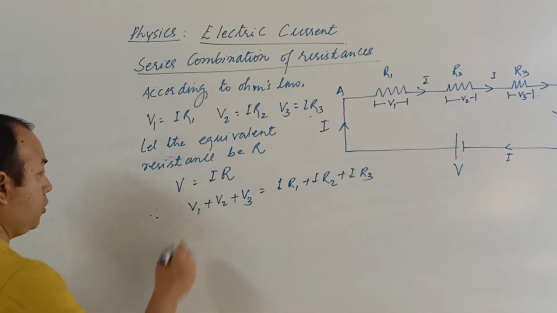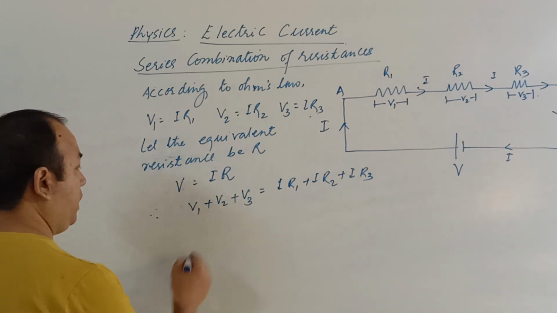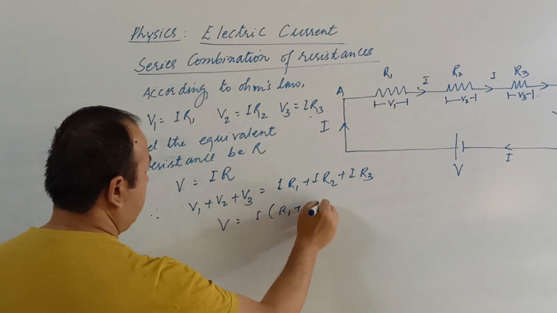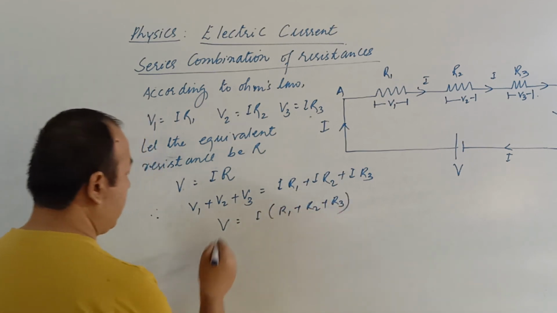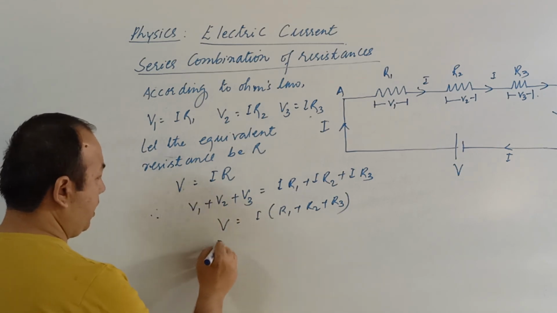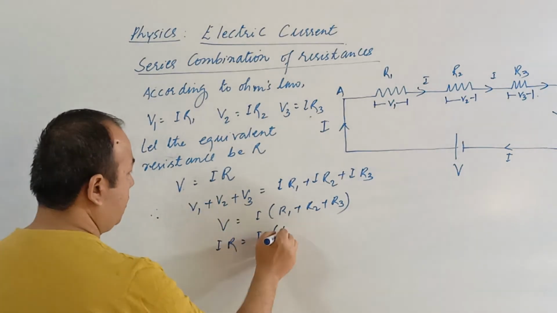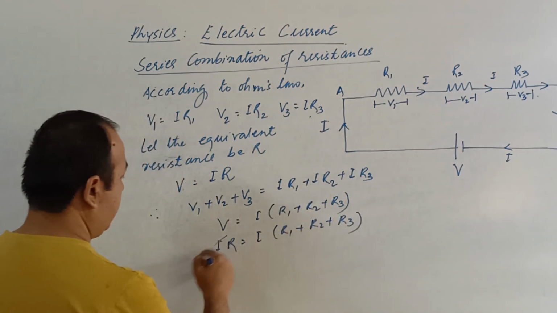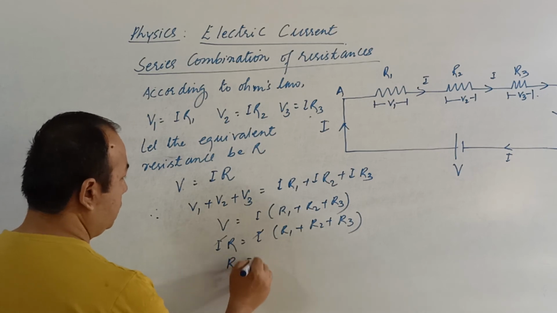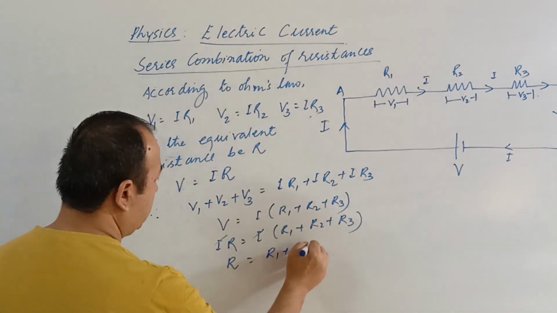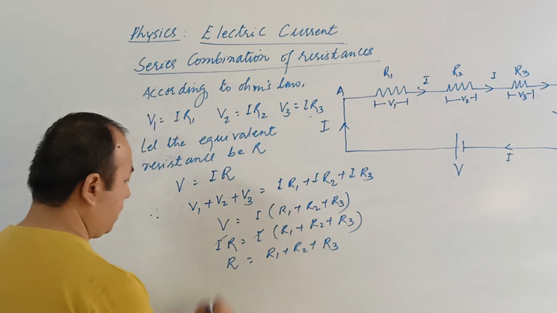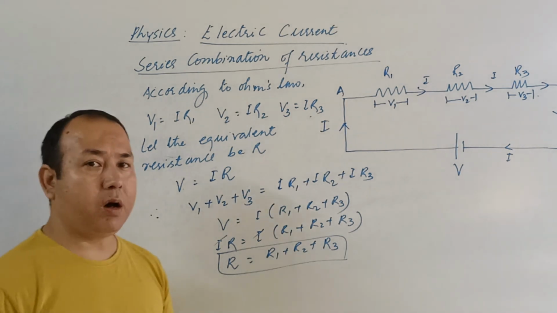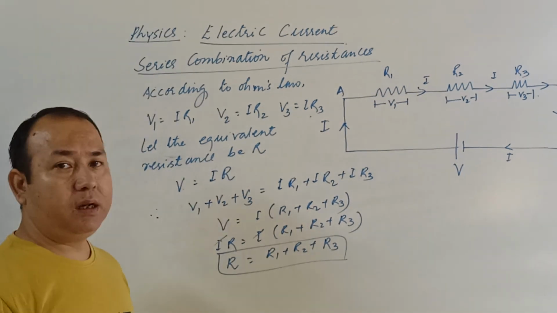So in place of V1, V2, V3, I can write V is equal to I into (R1 plus R2 plus R3). Then in place of V, I can write IR, which is equal to I into (R1 plus R2 plus R3). The I and I cancel, so R is equal to R1 plus R2 plus R3. This equation gives the mathematical expression for the equivalent resistance connected in series combination.